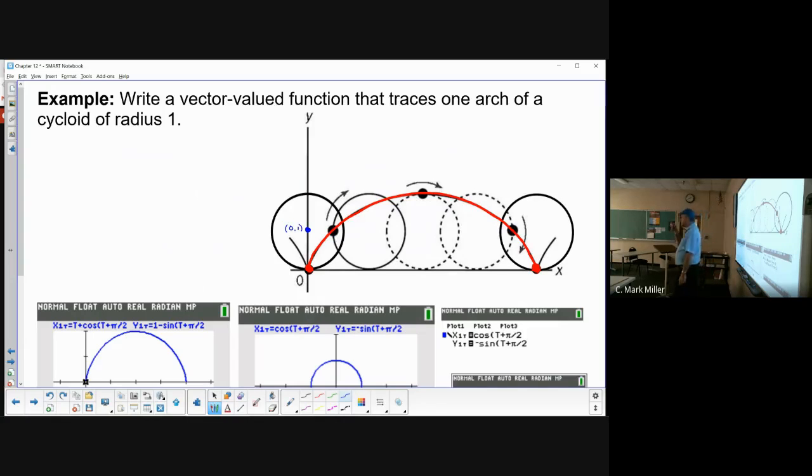Everything we've been doing, the center has been at the origin. How about if I don't want it at the origin, I want 1 unit up? Then, how do I make it move? How do I make that center move this way?